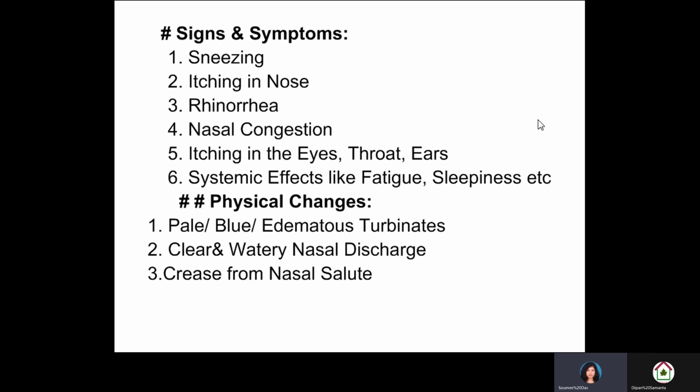So due to the hypotension, the patient would feel weak and fatigued, okay, and he would feel sleepy. So the cause of fatigue in case of allergic rhinitis is basically vasodilation, which is caused by the histamine, which is triggering the allergy itself.